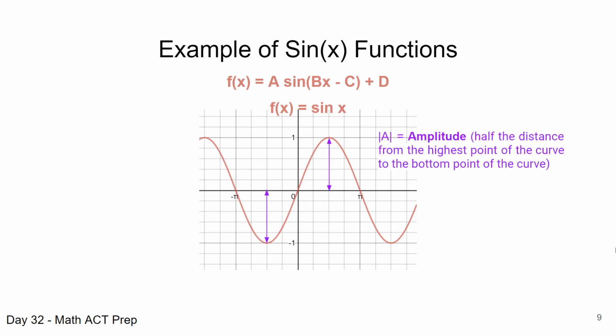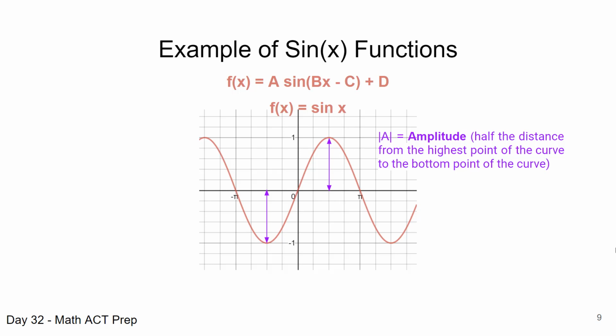Now we talked about amplitude, the absolute value of a. That is half the distance from the highest point of the curve to the bottom point of the curve. So our maximum to our minimum, and we're going to take half of that. So our purple arrows show what the amplitude would be.